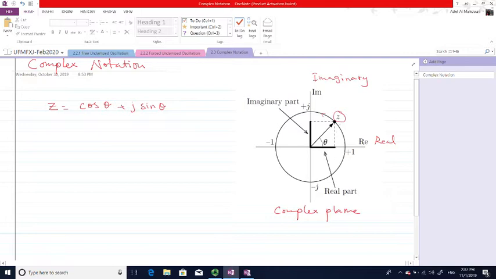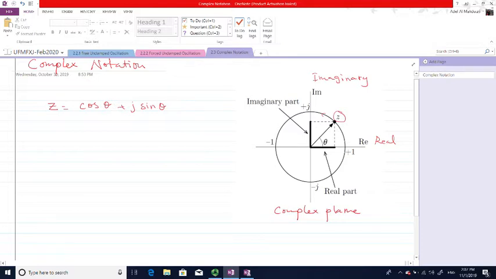This complex number will have an angle theta between the real coordinate and the point at which z is located. Also, this complex number will have two components, the real component and the imaginary component as well.